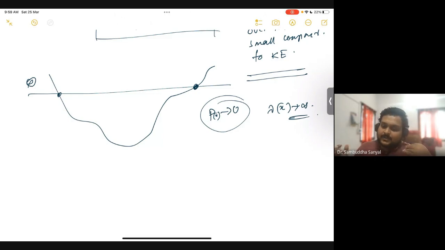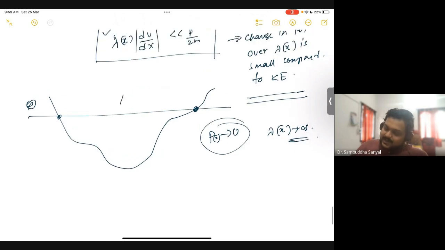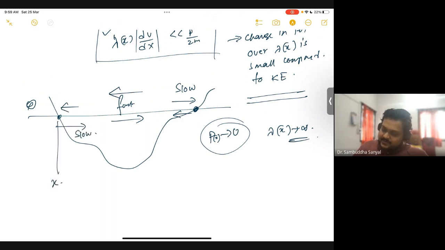So then what do I do? There is a very simple way to demonstrate this. Here the particle is fast in a classical sense. As it approaches this point, it gets slow. Similarly, as it approaches this point, it gets slow. Let me call this point x1 and this point x2, on the x-axis.